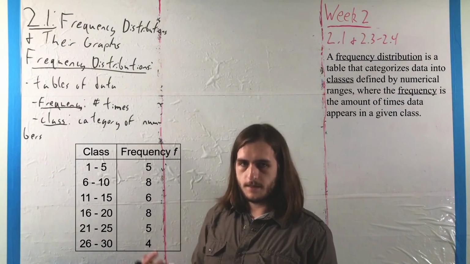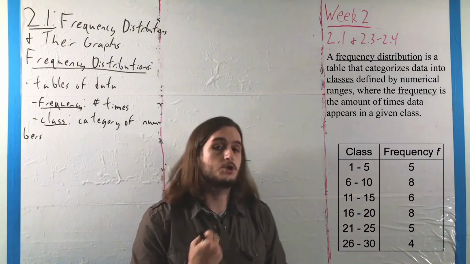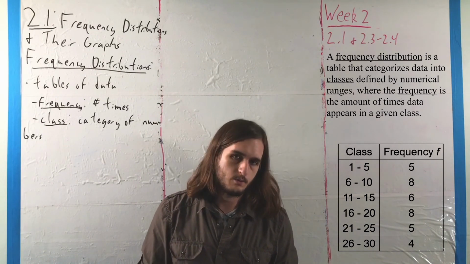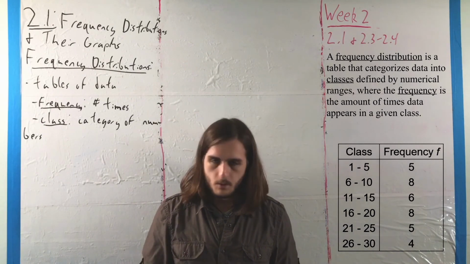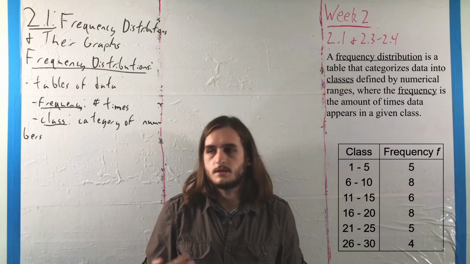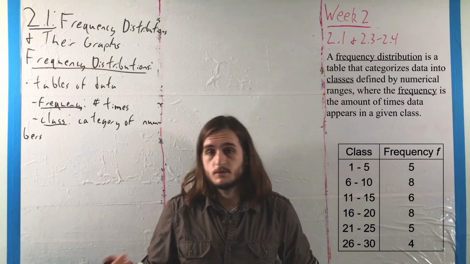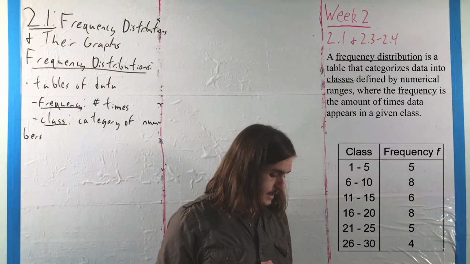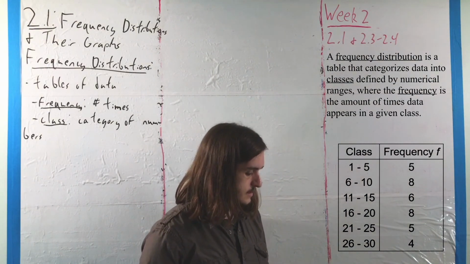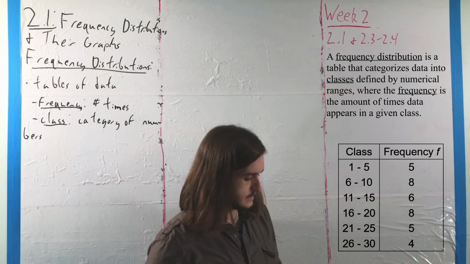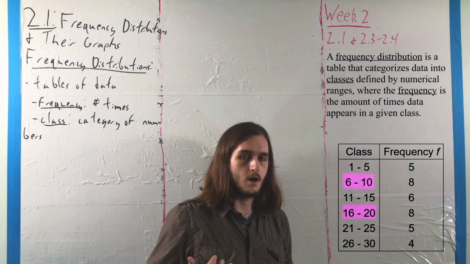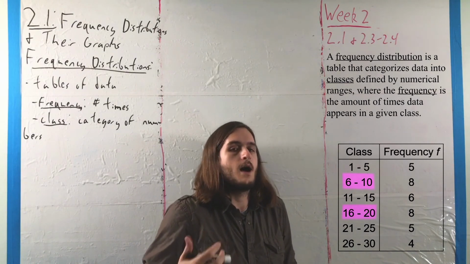But with a construction like this, we have a much easier time identifying important or meaningful patterns in the data that some great big pile of numbers might not be able to tell us. Now we can look at this and recognize that the two classes 6 to 10 and 16 to 20, whatever they may be, are the most common ones.